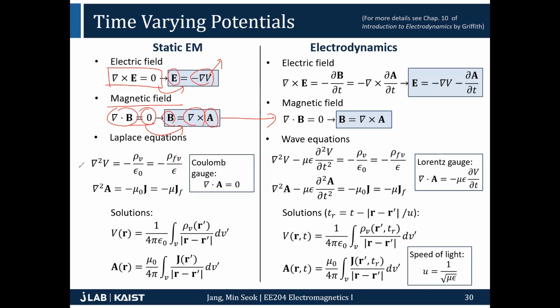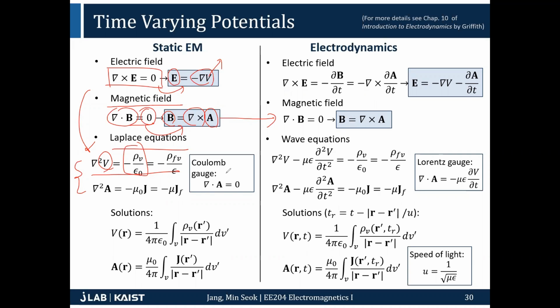In electrostatics, we could write the potential in a Laplace equation or Poisson's equation, so the Laplacian of V is your source.